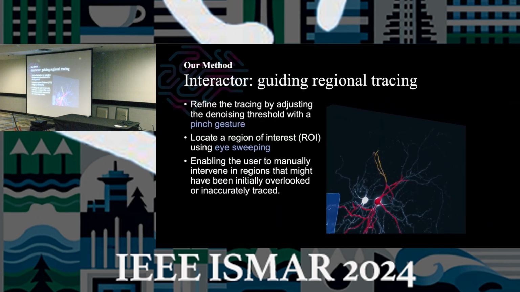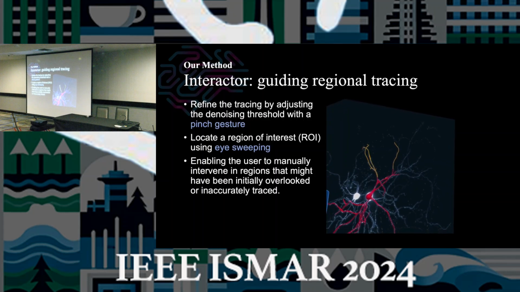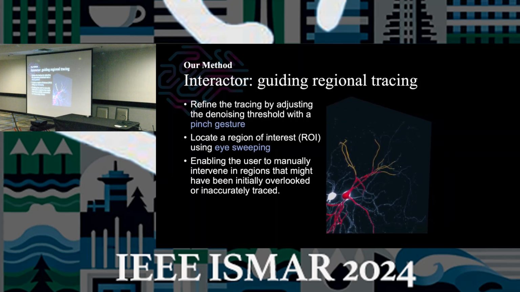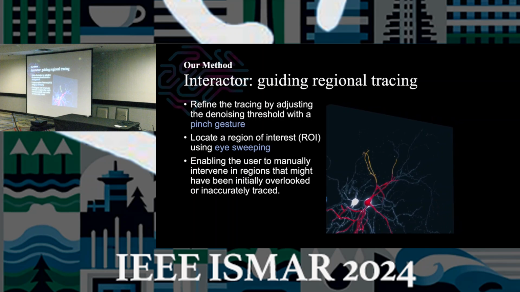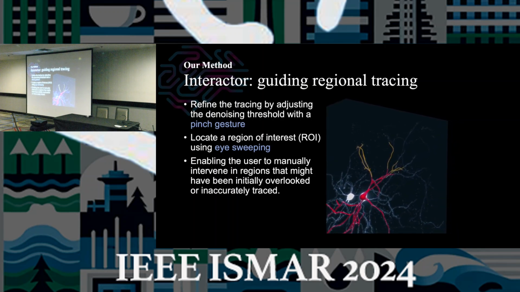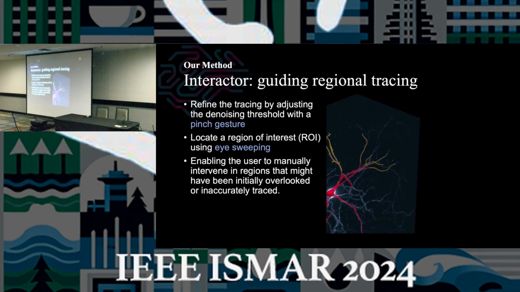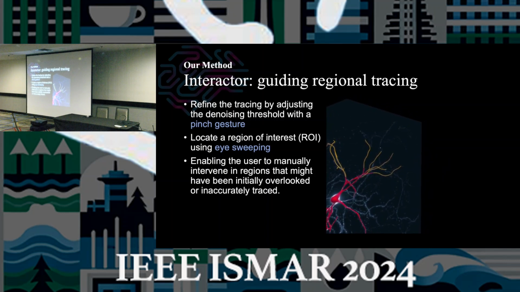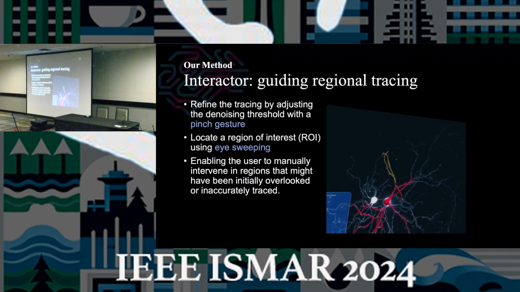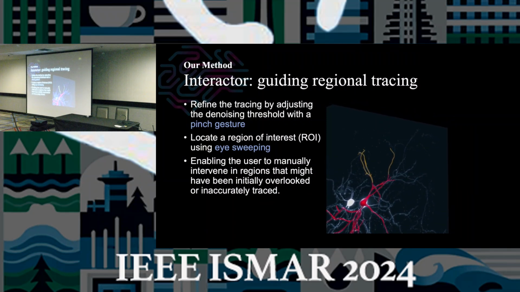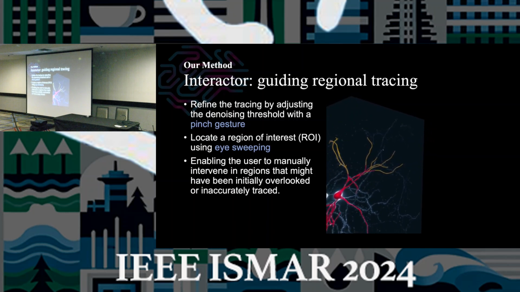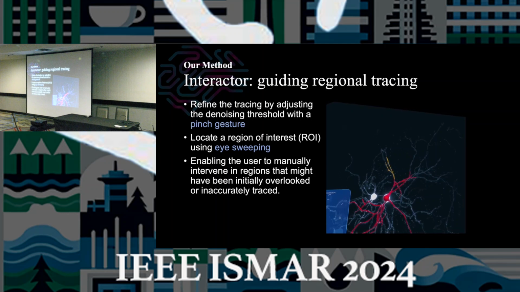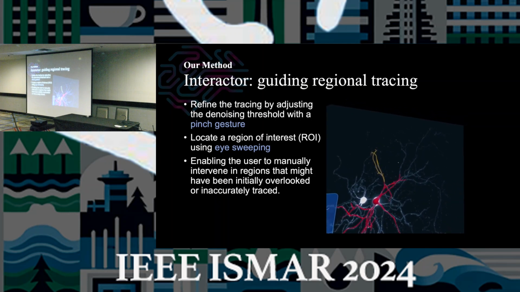One of the key features of our system is the ability to guide regional tracing through a combination of eye tracking and hand gesture. This eye-hand interaction is crucial for refining the neuron tracing results in real time. When users notice an area where the tracing result is unsatisfactory, they can initiate what we call eye sweeping by pinching their fingers and moving their eye focus over the target region.